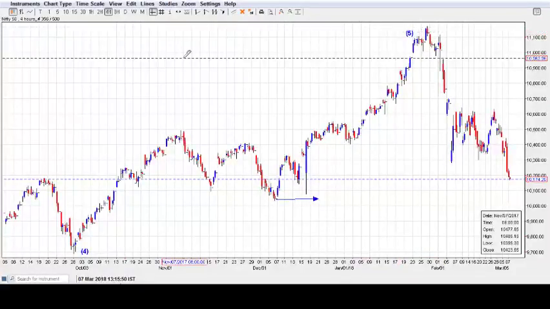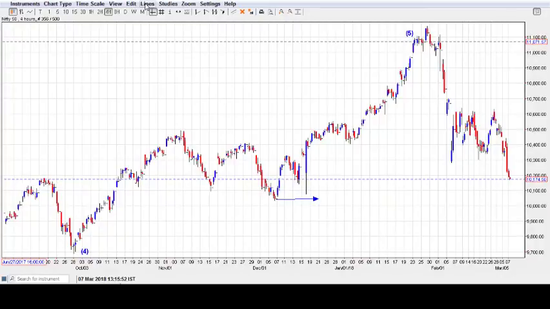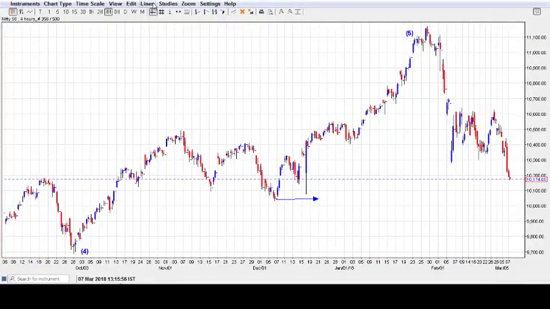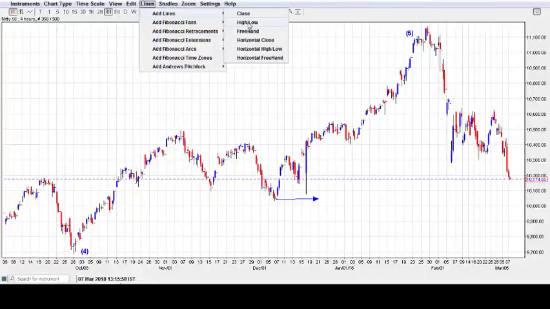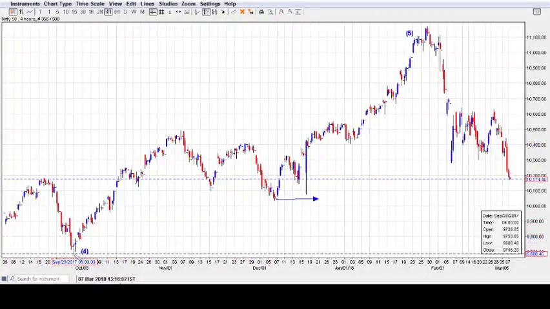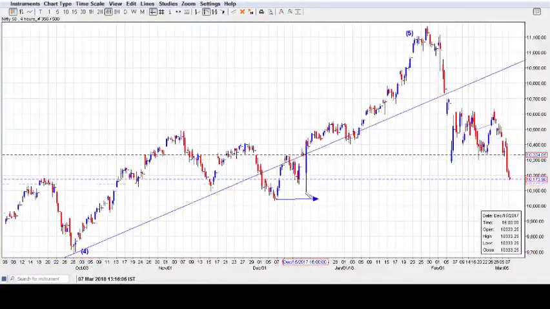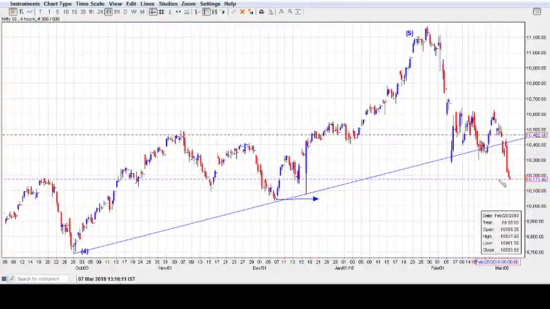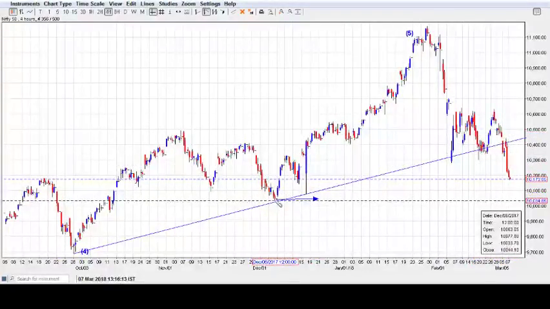Let me get down to the shorter time frame. Trend line in place. I think we are clearly into the sell zone now, having no doubt there. There you see, we are clearly into the sell zone. It's quite possible the drop may continue at least towards another 100 points towards the 10,030 mark.